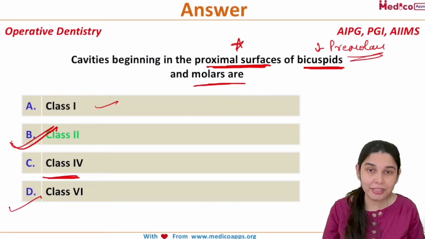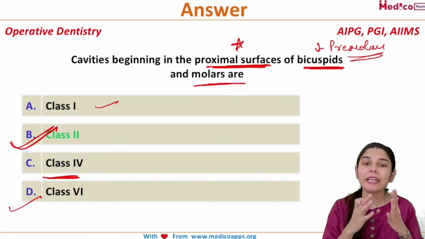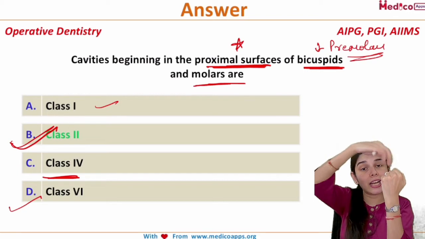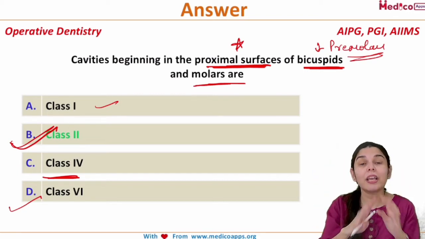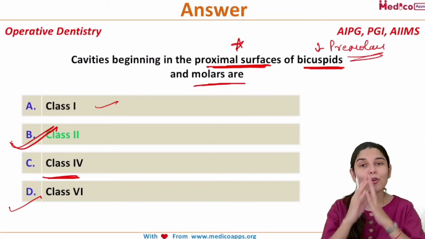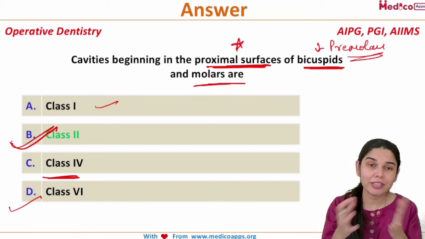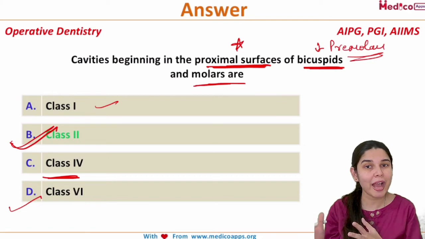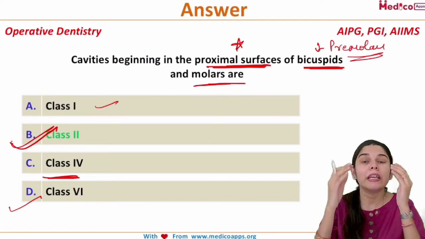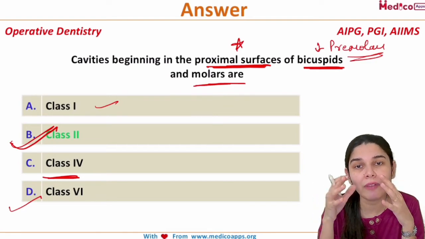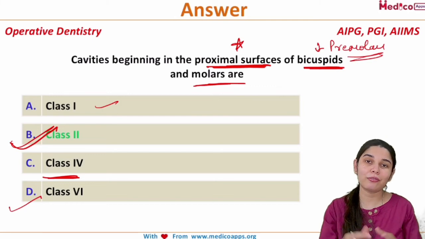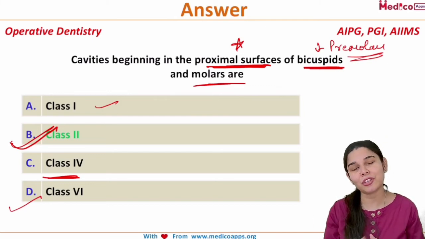And what is class 6? We have just discussed the caries involving the incisal edges of the anterior, the cusp tip of the posterior teeth without involving any other surface. So that is class 6. So I hope you have now understood the classification of Dr. G.V. Black for caries, and you are now able to answer viva questions if an examiner puts a carious tooth in front of you and asks what classification it is.